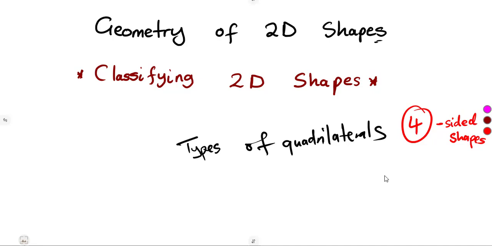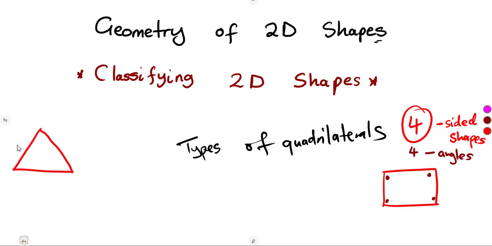We have four sides. 1, 2, 3, 4, which makes also to have four angles. 1, 2, 3, 4. As we have got four sides, it means we also have four angles. Just like what we had on a triangle. 3 sides. 3 angles. 1, 2, 3.